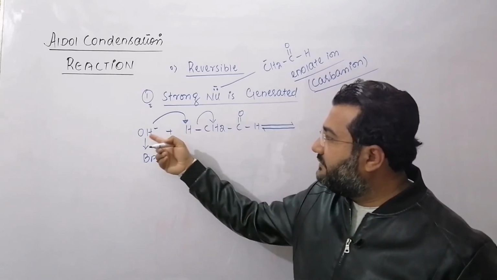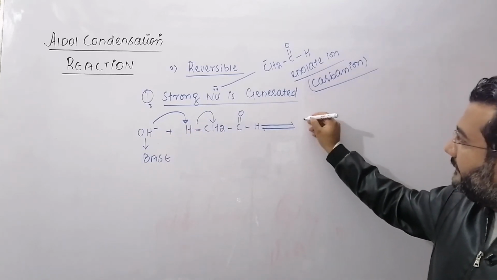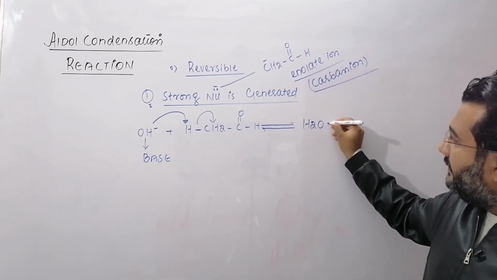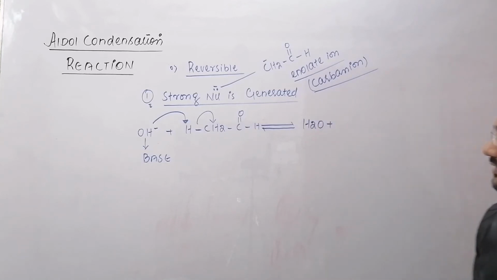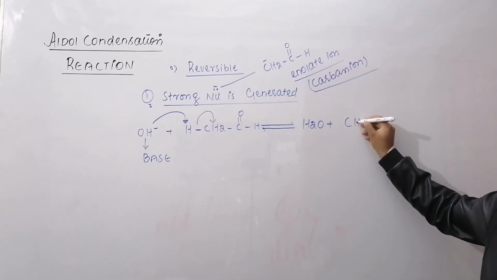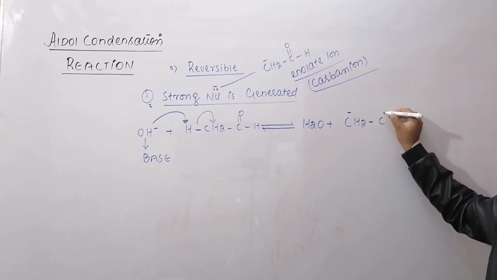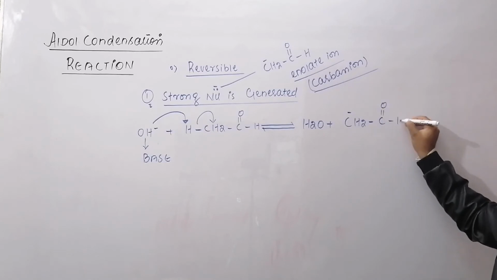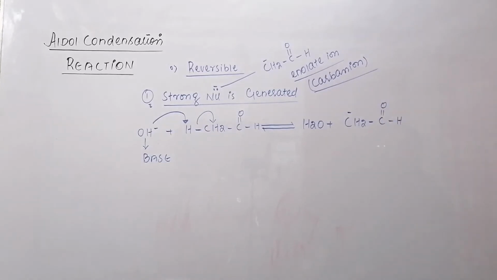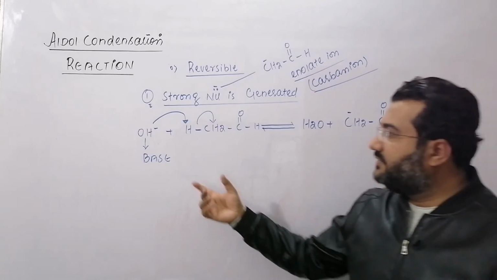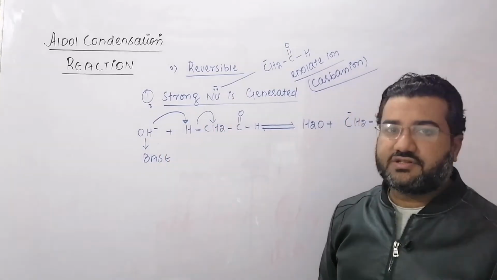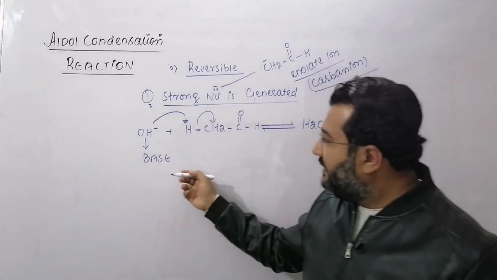So this H positive will combine with the OH negative. As a result, water is formed, and when the carbon gets 2 electrons, it gets the negative charge. And this is the enolate ion, which is basically a carbanion, and it is a strong nucleophile. So in the first step, the base helps in the generation of the strong nucleophile.